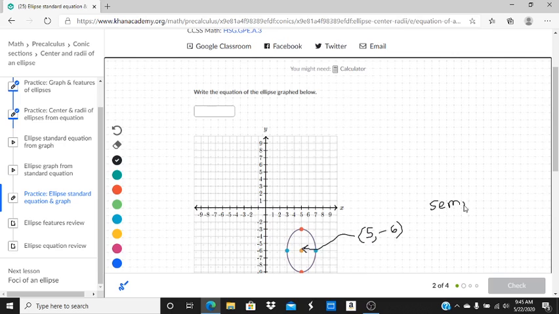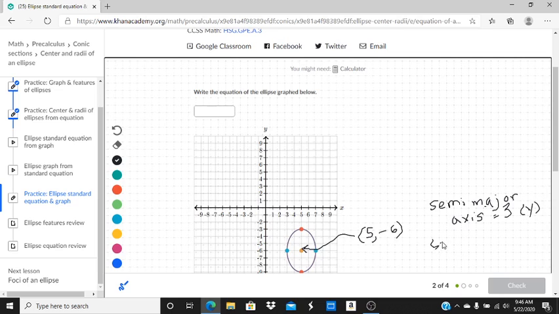The semi-major axis is going to be the longer one. That's going to be on the y's, and that's 3 units.